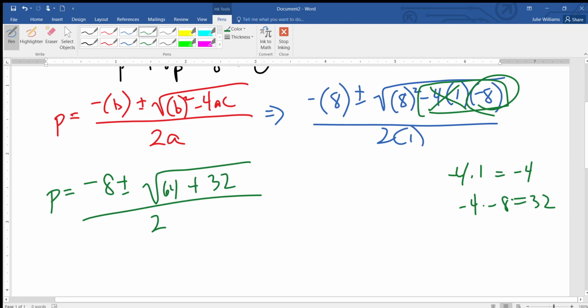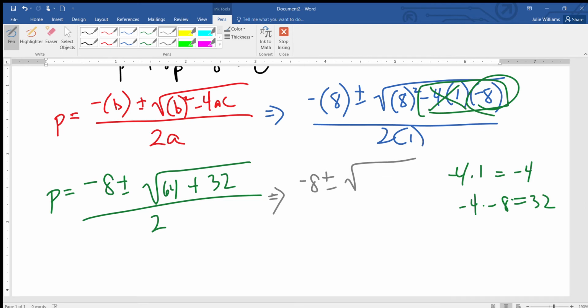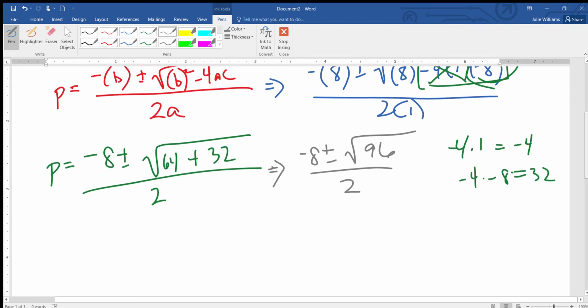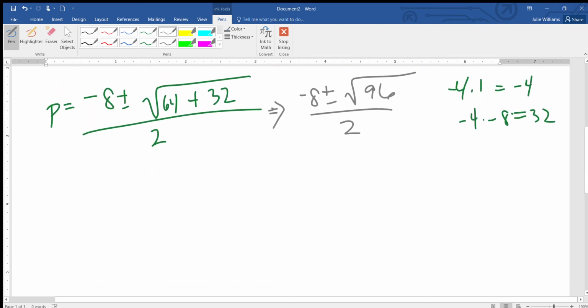So p is equal to negative 8 plus or minus, 64 plus 32 is 96, all over 2. Let me rewrite that: negative 8 plus or minus the square root of 96 all over 2.